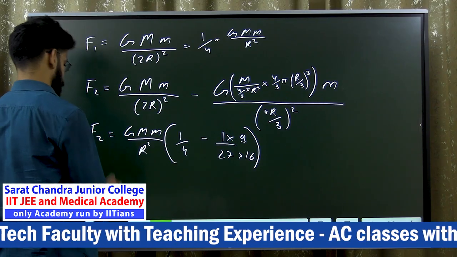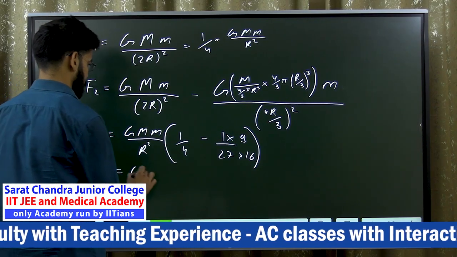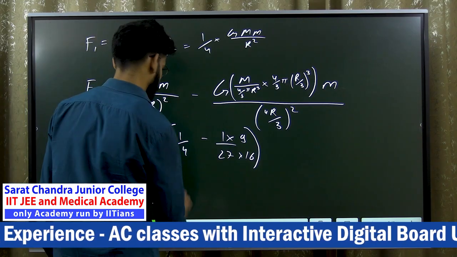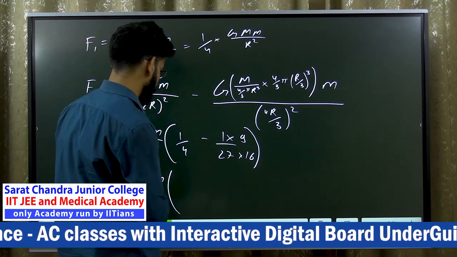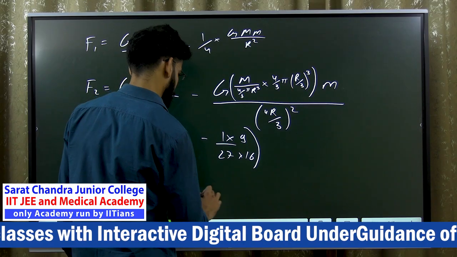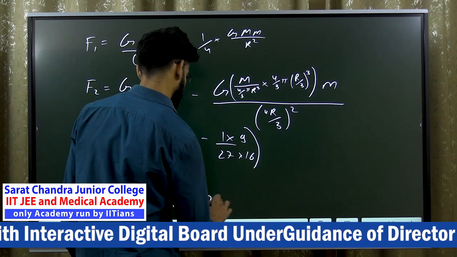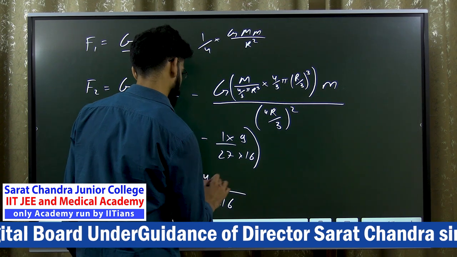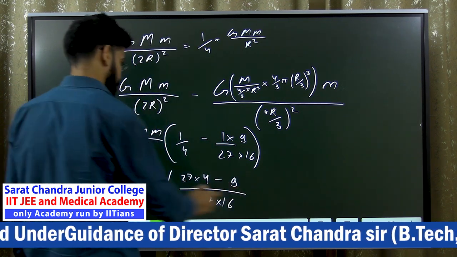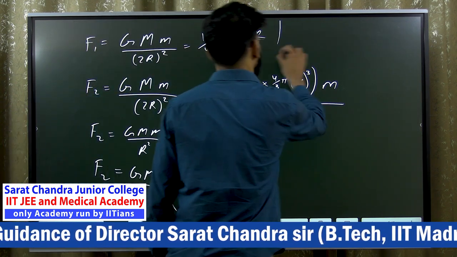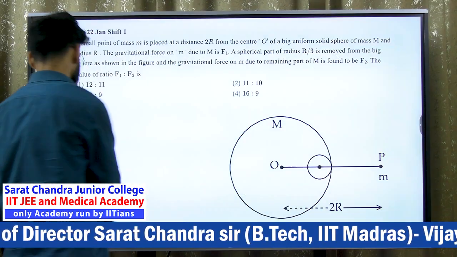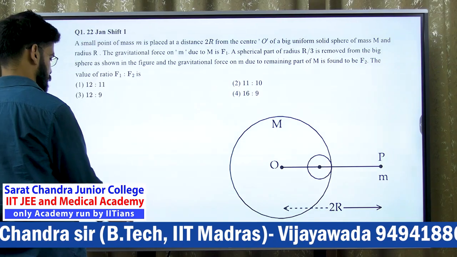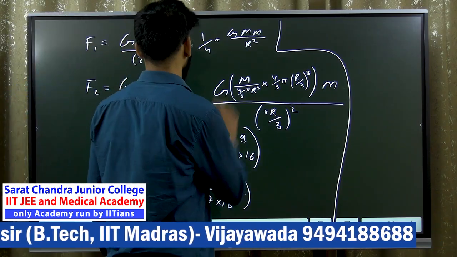Okay, now calculate the numerical value of F2 in terms of G M m by r square. So if I solve, no need to solve that much. See how. If you take the LCM as 27 into 16, you will get here 27 into 4 minus 9. And then, what he is asking is F1 is to F2, F1 by F2 he is asking.